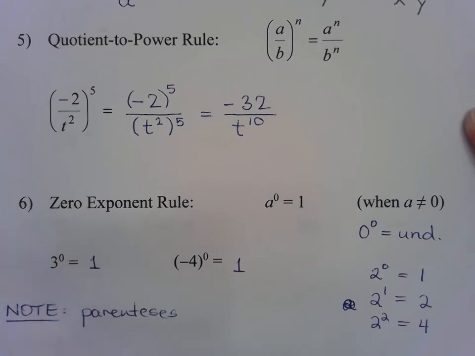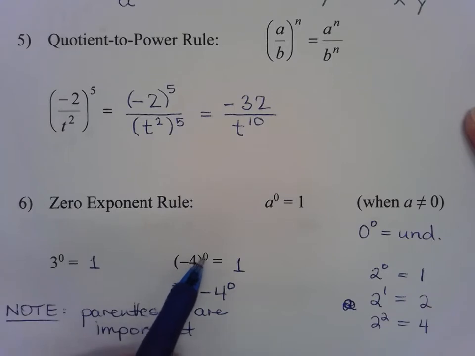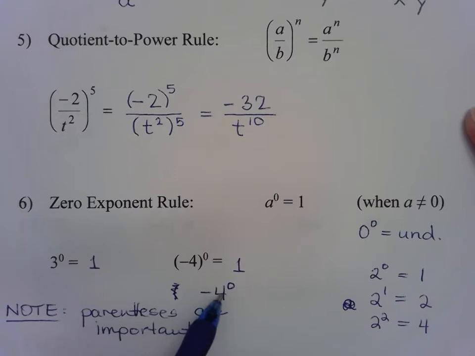When I do have parentheses, the exponent applies to both the 4 and the negative. When I don't have parentheses, the exponent only applies to what it's directly next to.